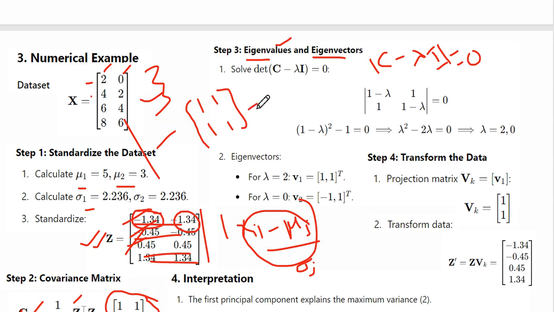Minus lambda. What is I? Identity matrix. This is 2 by 2, that's why lambda 0 0 lambda into 1 1. Getting like this. So what determinant are we getting? 1 minus lambda, then 1 minus 0 equal to 1, 1 minus 0 equal to 1, 1 minus lambda.